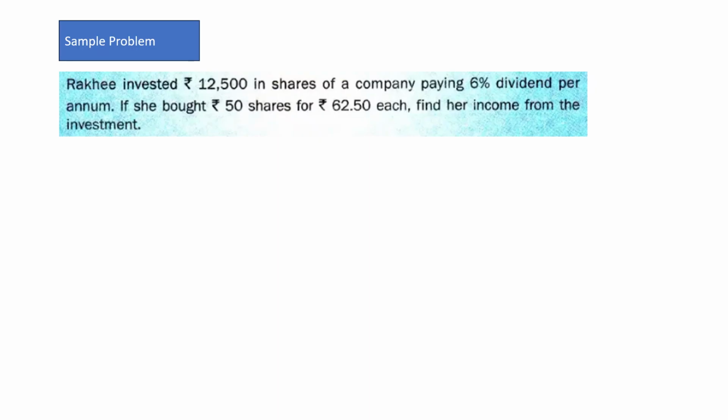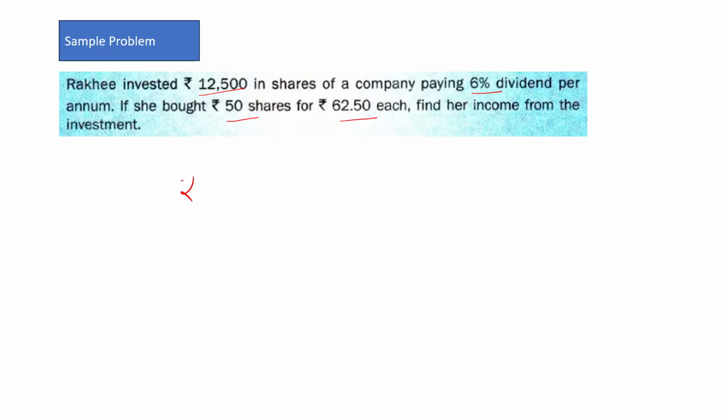Before we begin the specimen and PYQs, let's solve a simple sum. Rakhi invested rupees 12,500 in shares of a company with 6% dividend per annum. If she bought rupees 50 shares for rupees 62.50 each, find her income from the investment. So total how much money she has invested?